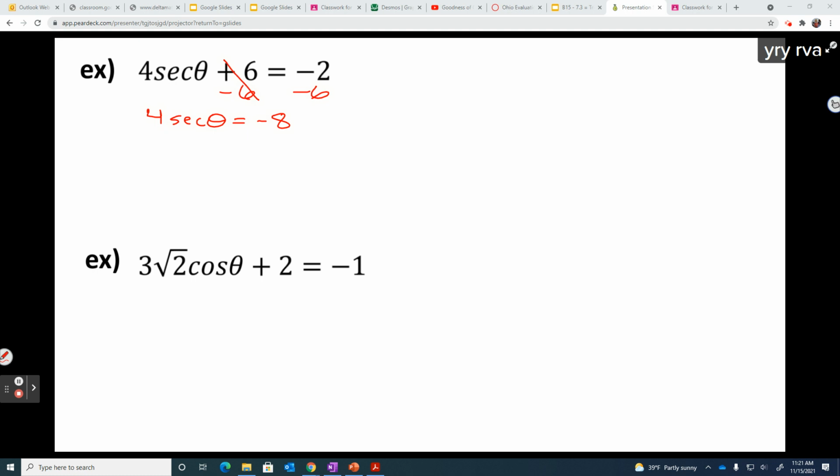So then we divide by 4. Secant theta is negative 2. All right, so this is a little bit challenging because it's 1 over something, and we get a negative 2.